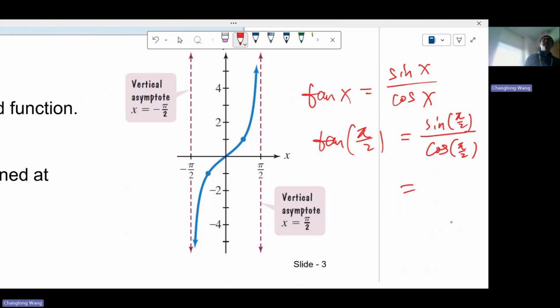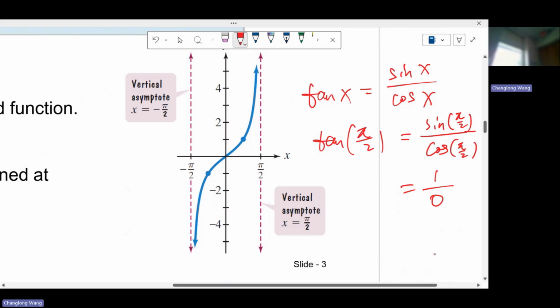How much is sine 90? Yes, it's 1. What about cosine 90 degrees? 0. There you go. Now if you try tangent 90 or tangent pi over 2, it says math error, or whatever error. But what is 1 over 0?